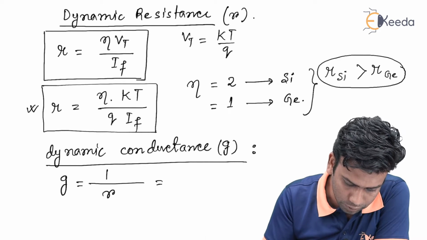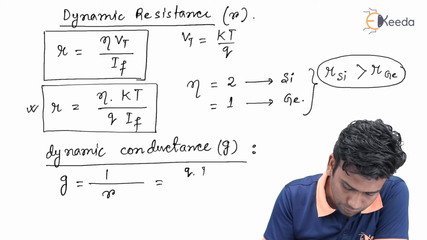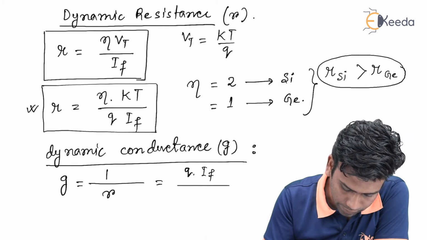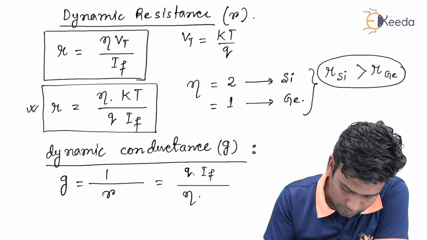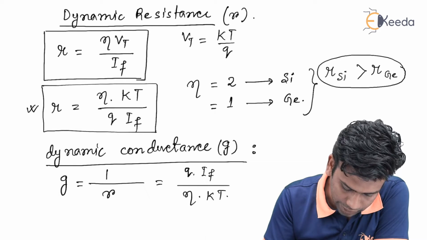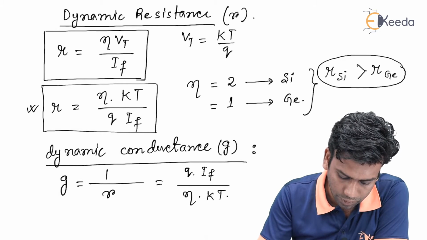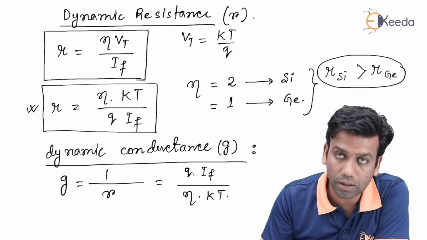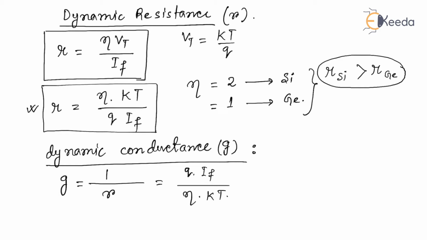If I put the value of small r, it will be Q into If divided by eta KT. This is the final equation of the dynamic conductance of the diode, where g is proportional to the forward current.